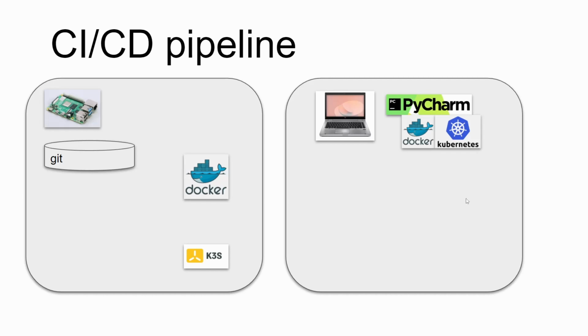We have a server with Docker, K3s, and Git. We also have a workstation with an IDE, so we can interact with our CI/CD environment. Interaction means pulling and pushing source code from and to our Git repository.